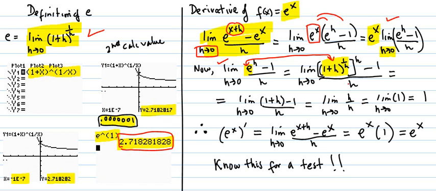And it's legitimate to do that, because as h goes down to 0, the 1 plus h to the 1 over h will become the e. And it's to the h power. So these h cancel out, and I just get down to this simple statement. The 1's cancel out, and I just get limit as h goes to 0 of h over h, which is limit as h goes to 0 of 1, which is 1.